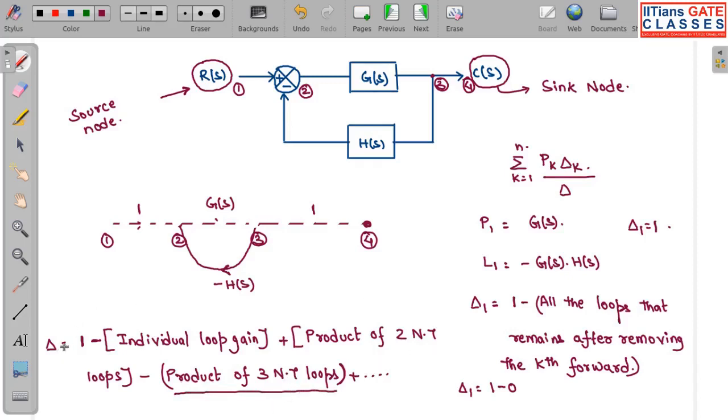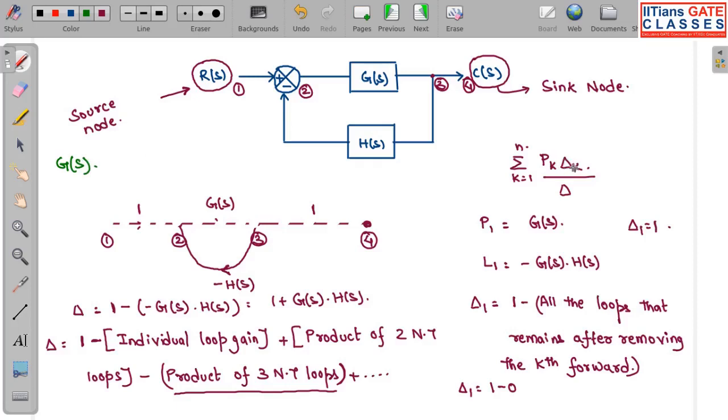So if I want to calculate delta, delta is equal to 1 minus individual loop gain. So that is 1 minus of minus G(s) into H(s), so this will be 1 plus G(s) into H(s). Now if I put everything in the formula, Pk is G(s).